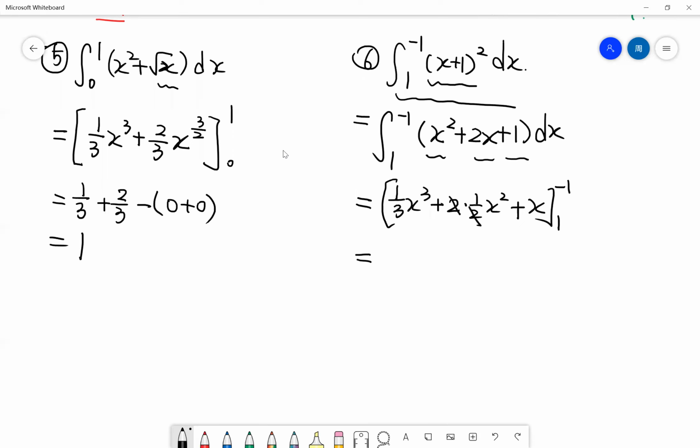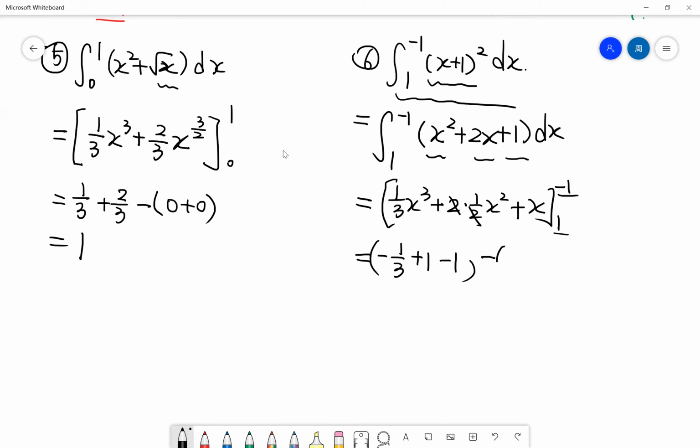So the 2 can be cancelled here. Don't forget the upper limit is -1 and the lower limit is 1. So we first substitute -1 into this function. That means -1/3 plus 1 minus 1, right?